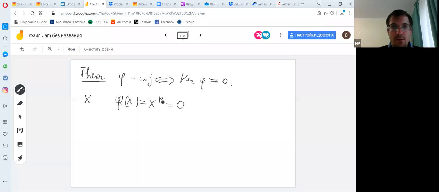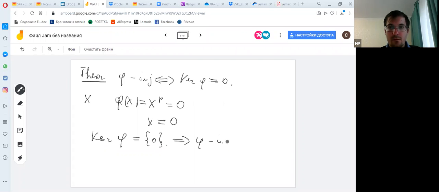So if x to the power p equals 0, then x equals 0. So the kernel of this phi equals just 0. Nothing more. And this implies that phi is injective, by this theorem. Okay, we obtained that phi is an injective homomorphism.